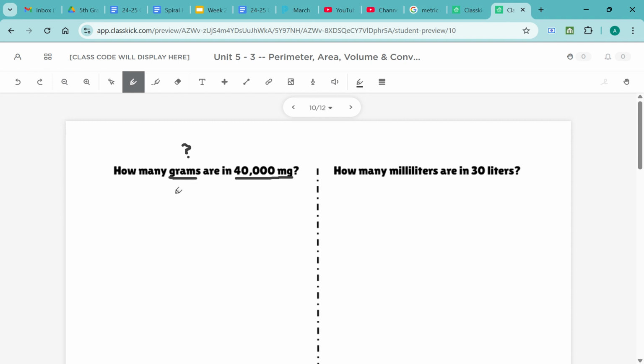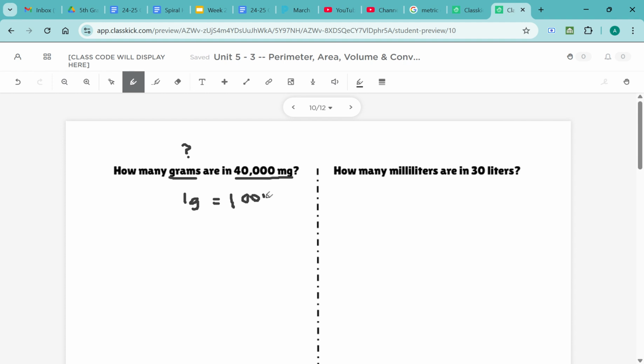I'm going to write out my conversion that it says on the star chart. So I see that 1 gram is the same as 40,000 milligrams. Or sorry, 1 gram is the same as 1,000 milligrams.